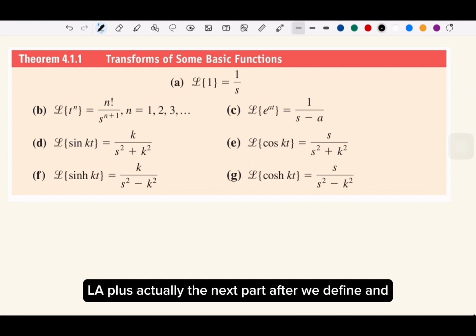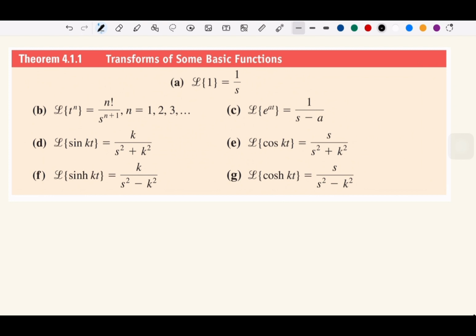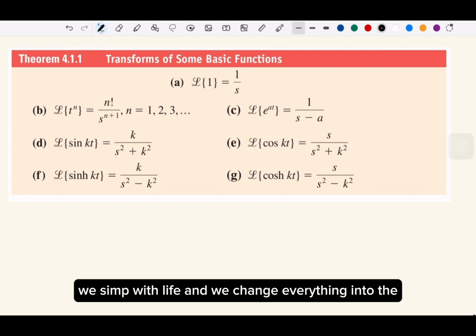Actually, the next part after we define and get an introduction to Laplace is the inverse of Laplace. So we are going to turn the s back into t. Why do we need that? Because to solve the equation, we simplify and change everything into this s.